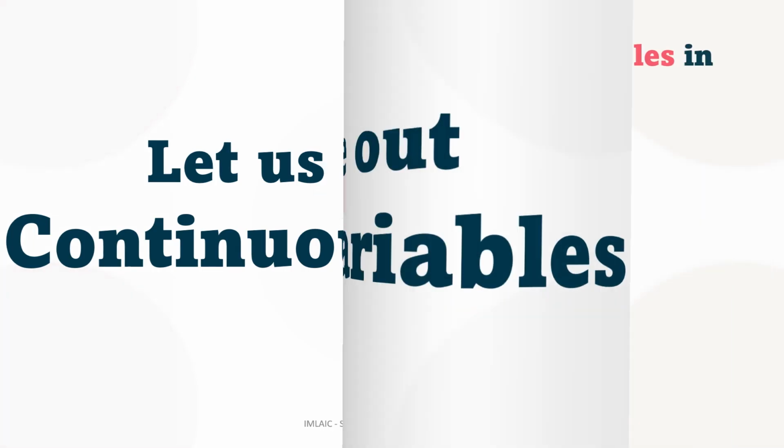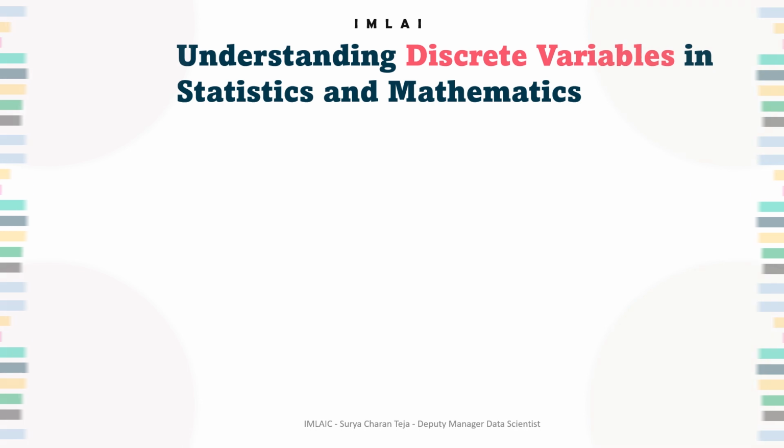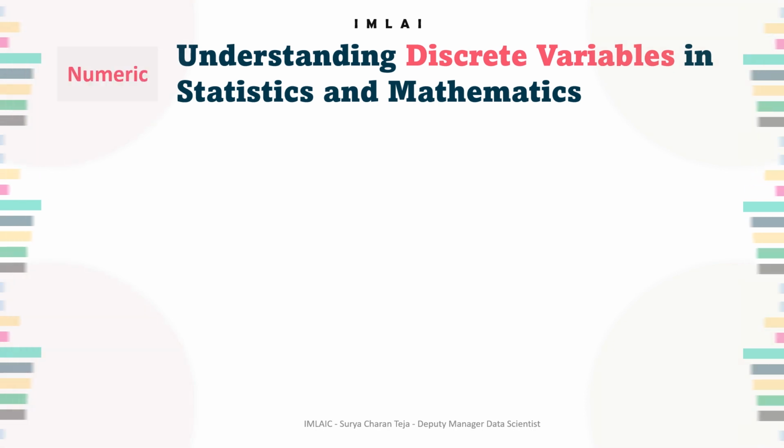Now let's look into the discrete variables, which is also a type of data in numeric data. As we have discussed, numeric data is expressed on a numeric scale, and it consists of continuous as well as discrete. So now we'll be understanding discrete variables.